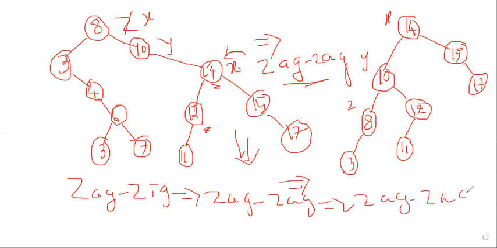By doing this we got the splay tree, where x, the element to be inserted, is at the root node.